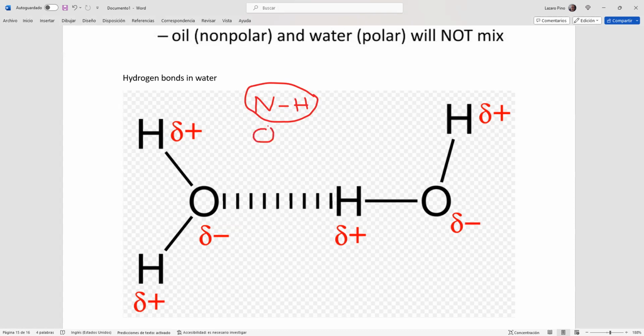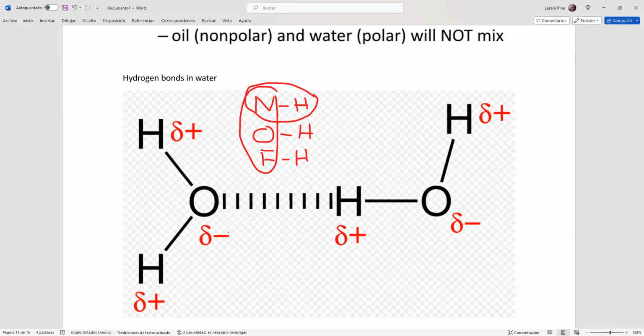Also oxygen and hydrogen, like in water, or this bond, fluorine and hydrogen. Remember that fluorine, oxygen, and nitrogen are the most electronegative atoms in the periodic table.